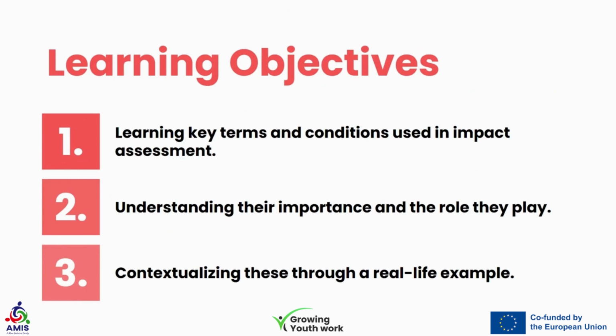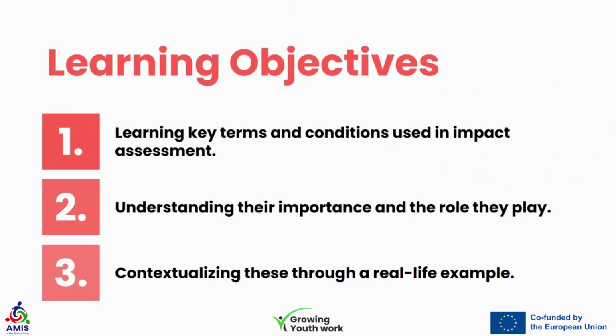There are 3 main learning objectives in this part. 1. Key definitions of terms and concepts which are used in impact assessment. You will learn a number of key terms which will help you with your impact assessment. 2. Understanding the importance of these terms and concepts and what role they play in the assessment process.